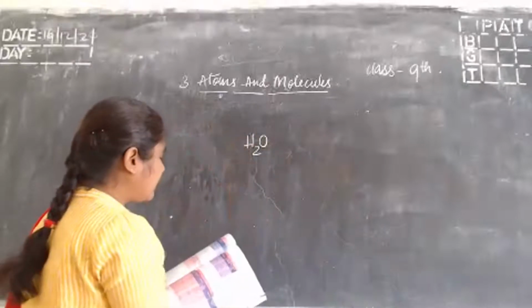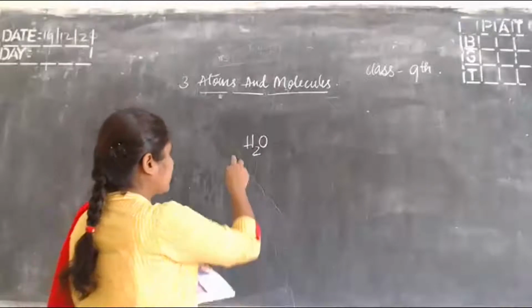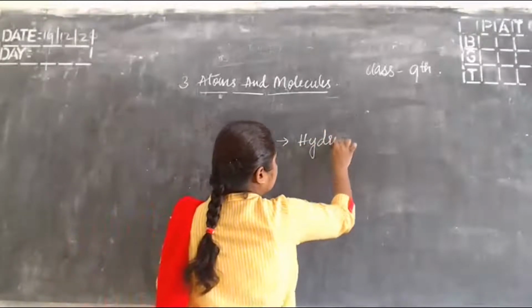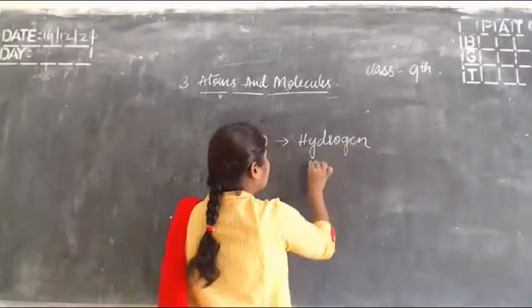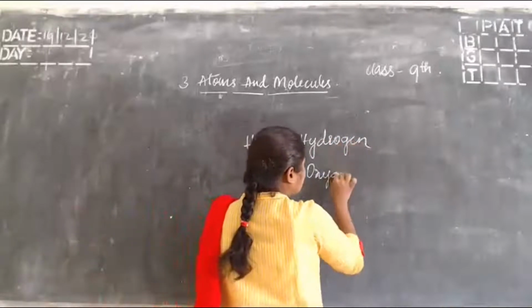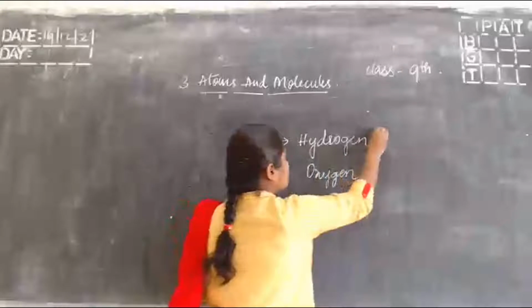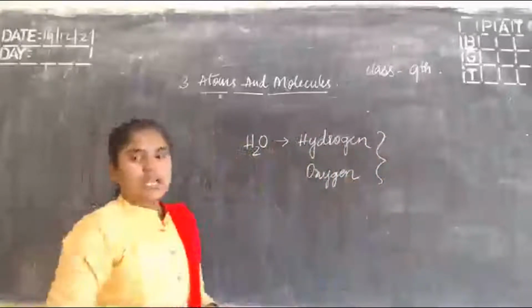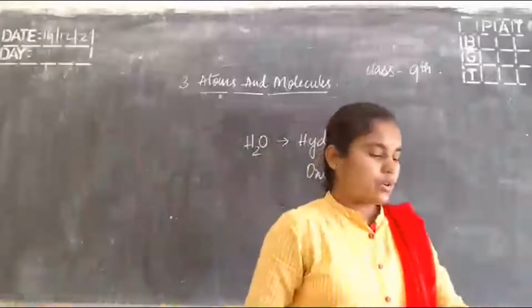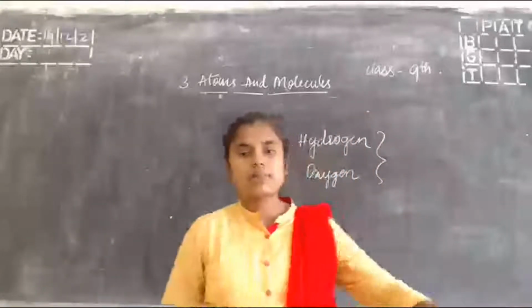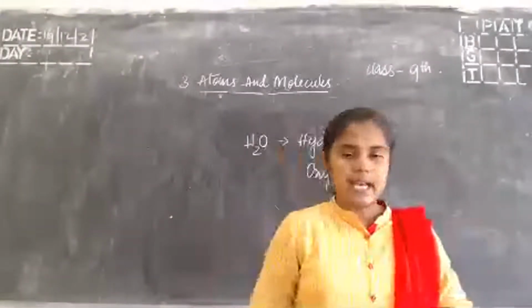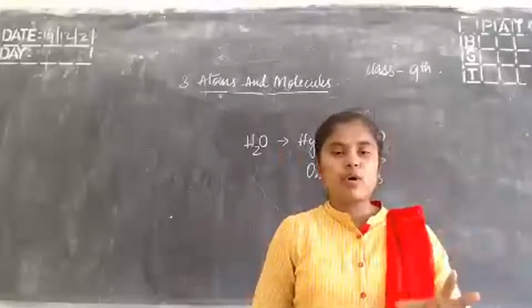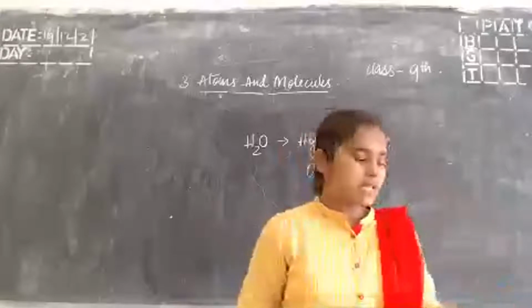The combining elements in water are hydrogen and oxygen. They have a definite proportion, so that is called the molecules of the compounds. Atoms of different elements join together in definite proportion such that they form the molecules of that compound.